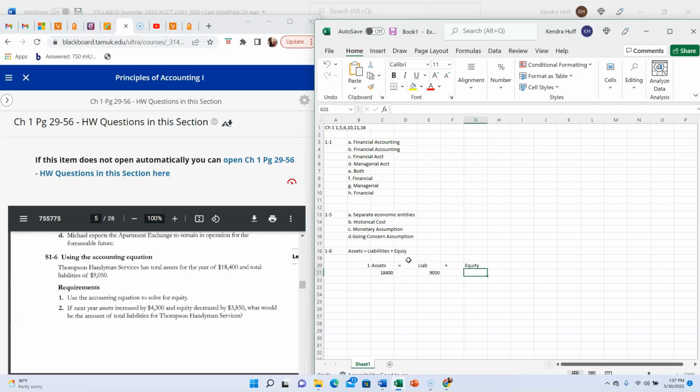We have to solve for it. All you need to do is subtract. Try to use formulas as often as possible. Get really used to using the formulas in Excel. So here's our answer: equity equals $9,350.